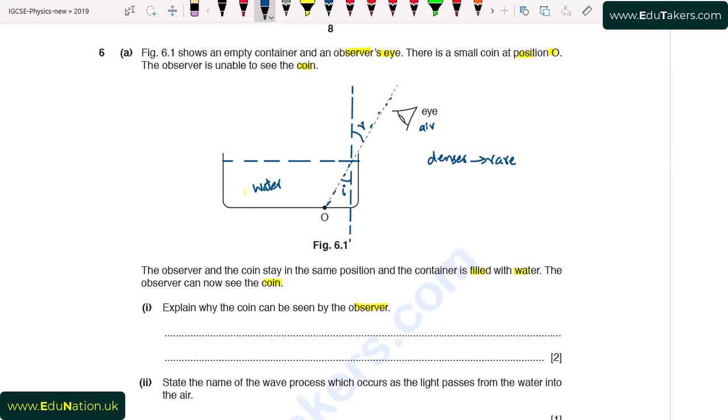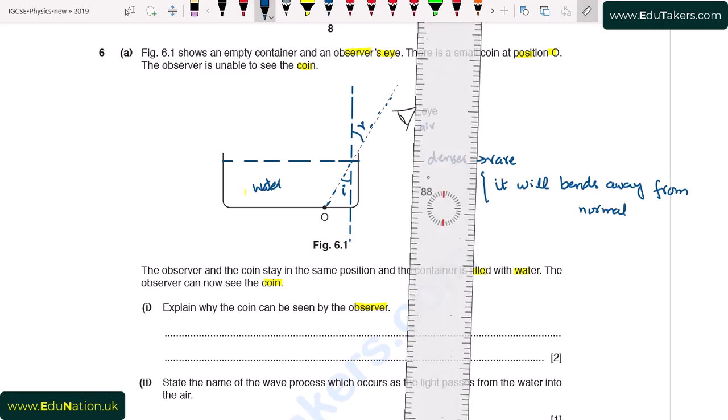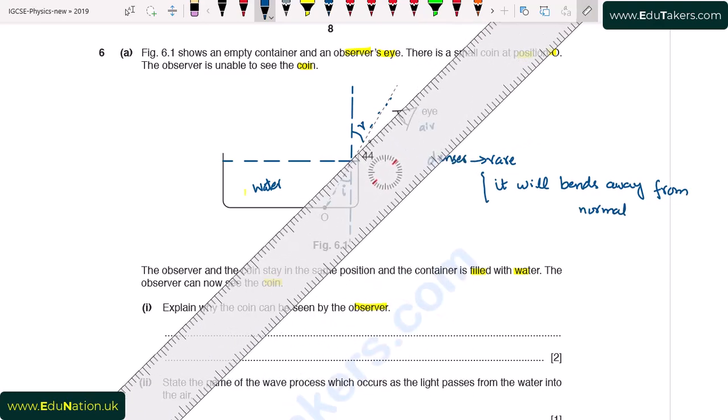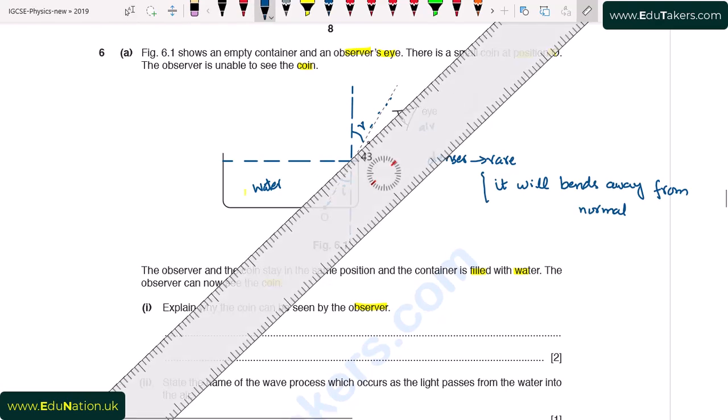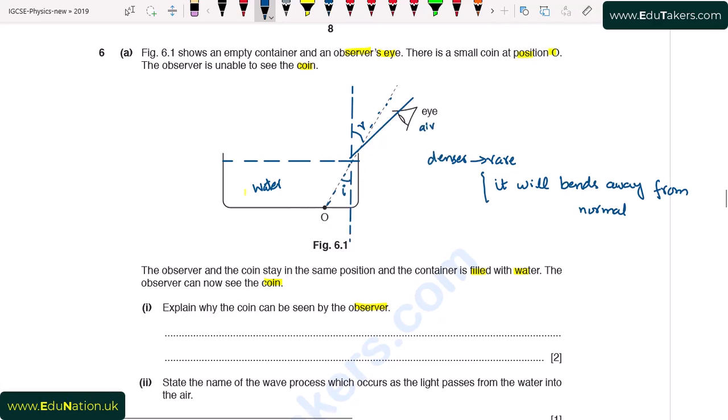When a ray of light enters from denser to rare medium, it bends away from normal. So this ray will be just like this. It bends away from the normal and this angle is the angle of refraction.